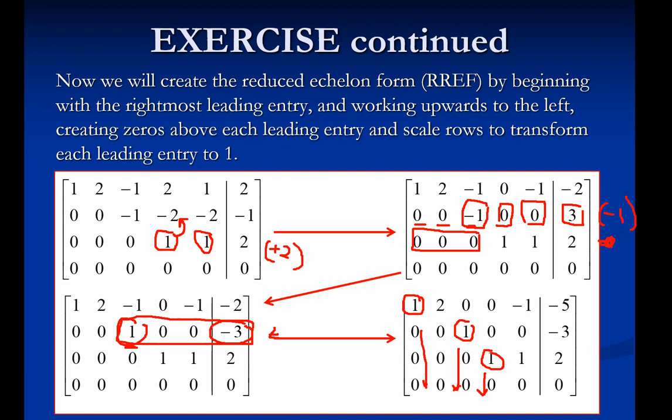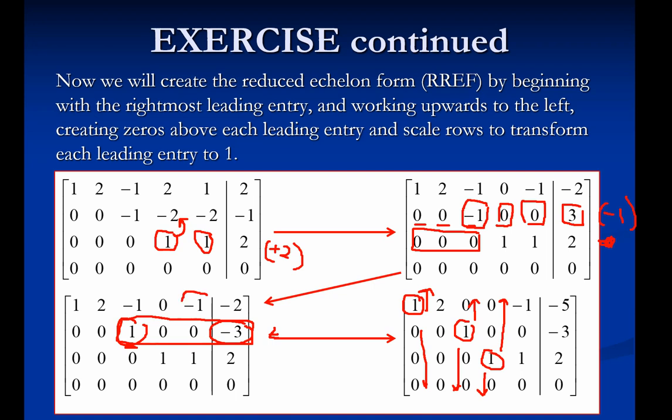I don't just have leading entries, I have 1s. So that was the fourth thing that we needed. And then I need 0s above all of my pivots. And there aren't any entries above the first pivot. So it's just the third and fourth columns here. And now this is in reduced row echelon form.